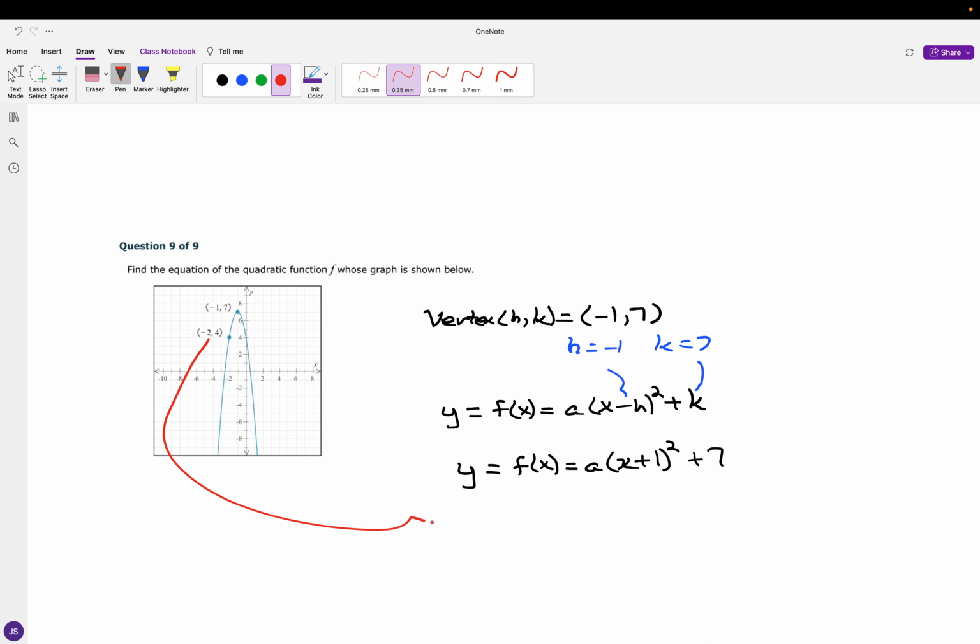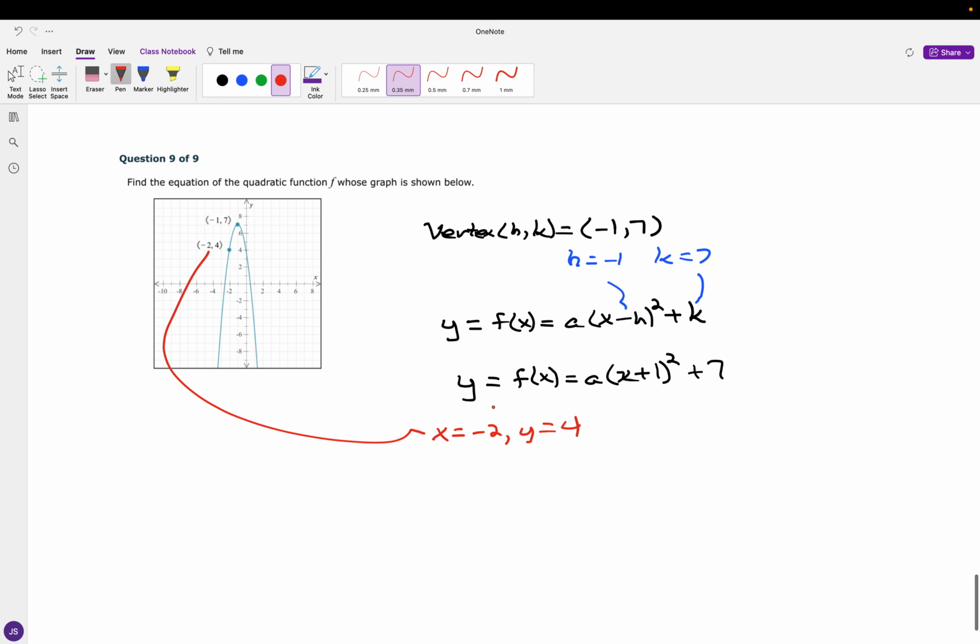So if I substitute 4 for y and negative 2 for x from the previous step, in the rewrite we have 4 is equal to a times all of negative 2 plus 1 quantity squared, followed by the addition of 7.